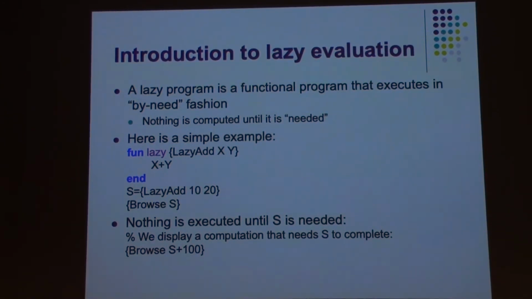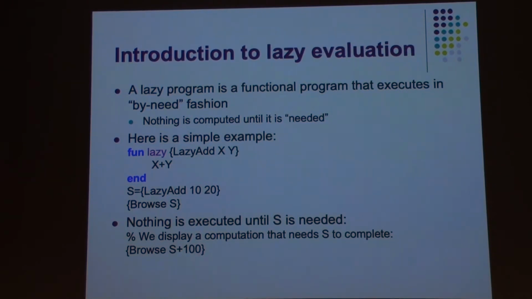For example, if I define the function LazyAdd, the way to do it in Oz is to annotate fun by typing lazy after it. LazyAdd of X, Y just does X plus Y. If I then do S equals LazyAdd 10 20, you expect the result to be 10 plus 20, and it is, but not right away.